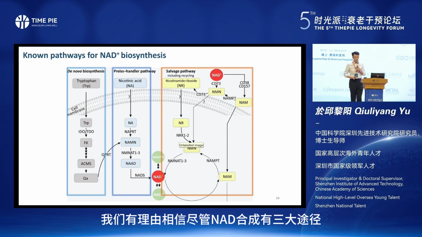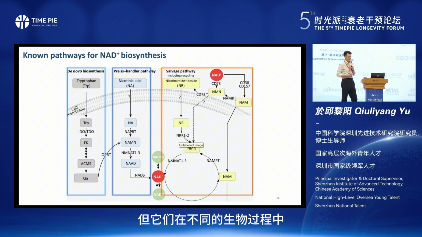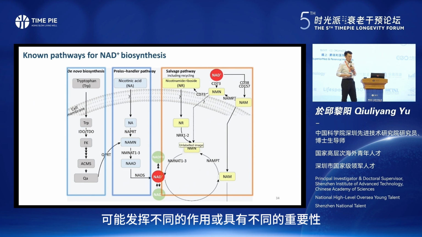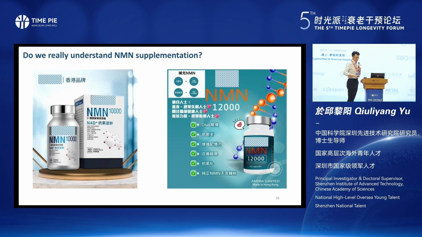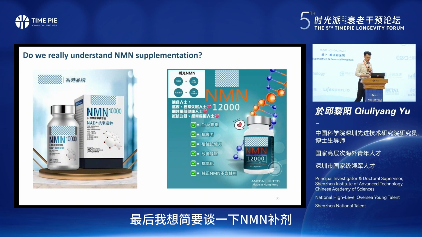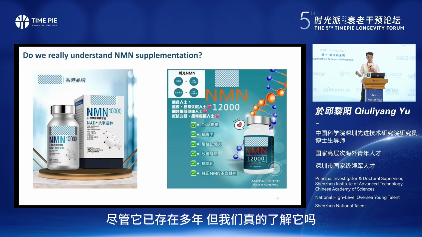And we have reason to believe that even though there are three pillars of NAD biosynthesis, they may play different roles, or have different importance in different biological processes. And in the last part, I want to briefly mention NMN supplementation. Even though it has been around for many years, do we really understand NMN supplementation?